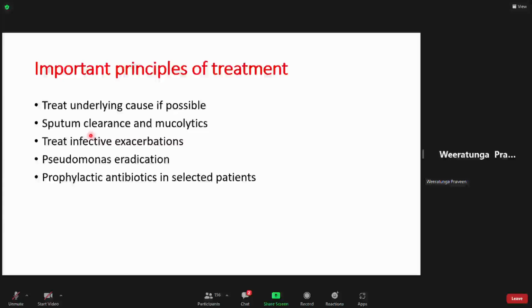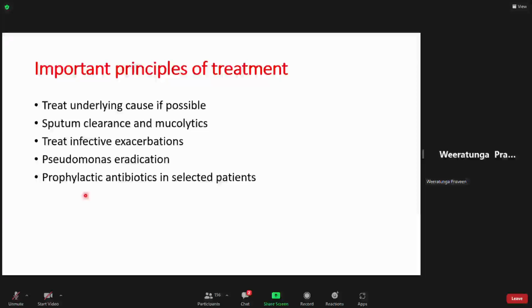If there are infections, you need to treat them quite aggressively. If patients have Pseudomonas, eradicate it; they have a better outcome if you do that. For some people with recurrent infections, we give prophylactic antibiotics, usually azithromycin.